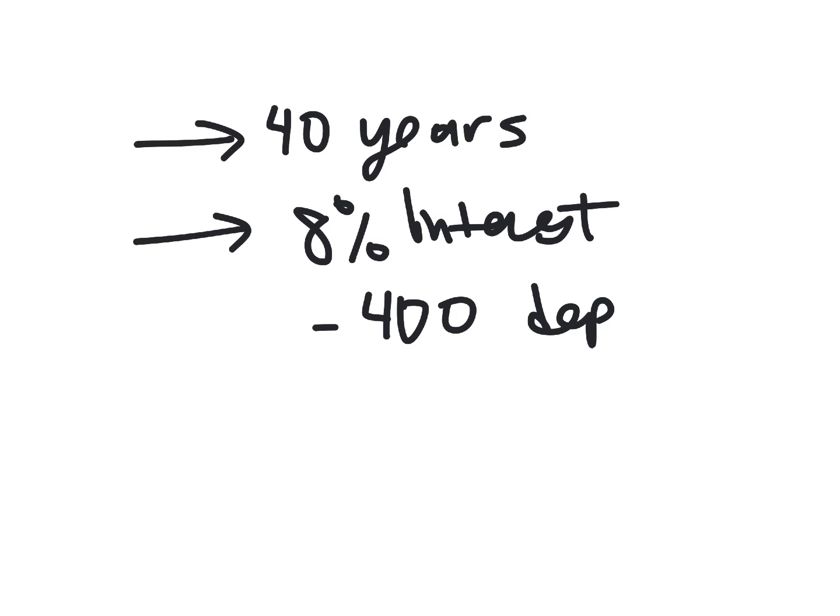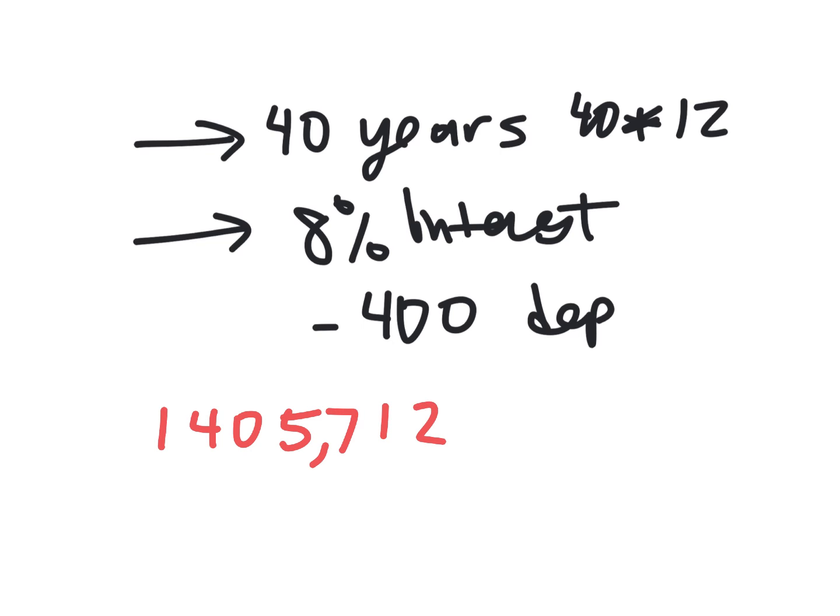8% interest, 40 years. That's 40 times 12 on that top line. Humphreys, what'd you get? Just read me the digits. 14057.487. And let's stop because it's rounded to the nearest dollar. That's $1.4 million. Holy crap, that's a lot of money.